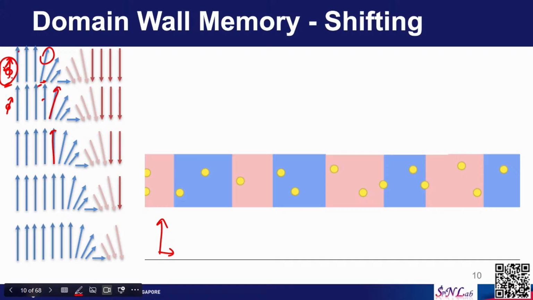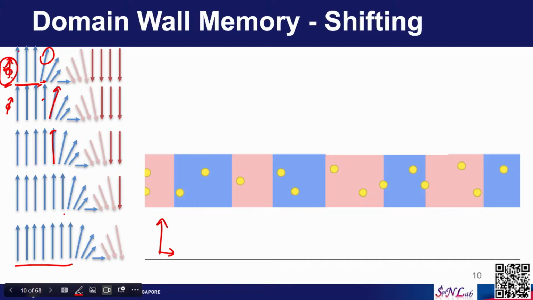So, you will see that this domain wall has finally moved to this distance. Initially the domain wall was here, but as more and more electrons come, there is a transfer of angular momentum between the electron spin and the magnetization that you see here. As a result, the domain wall keeps moving.